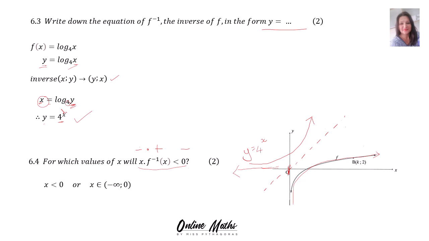X is equal to 0 but not included, just x smaller than 0. This will happen. Or another way of writing x smaller than 0 is x is an element of negative infinity up to 0, but don't include your 0. And that answer is worth 2 marks.